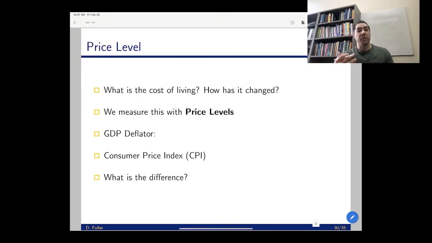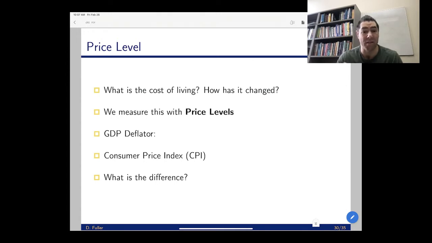So the reason we care about this is that one of the important questions that you'll face throughout your lifetime is managing the cost of living and how this has changed. In a sense, I don't in particular care what number is on my paycheck. The specific number doesn't matter. What really matters to me is what I can buy with that paycheck.